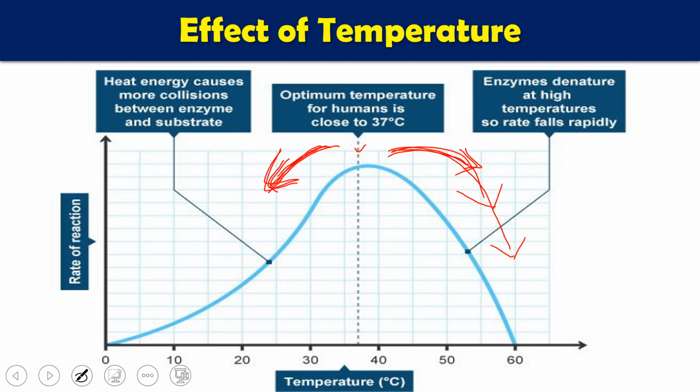Here it decreases slowly; the rate of decrease is very slow compared to the decrease at higher temperature. The decrease at higher temperature is because of enzyme denaturation, and the decrease at the lower side is because of less collision in the system.